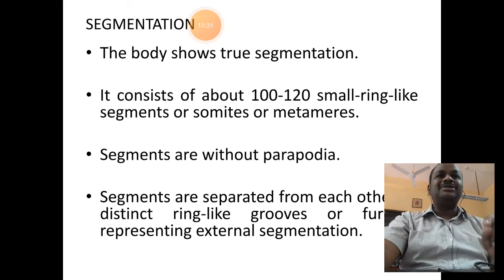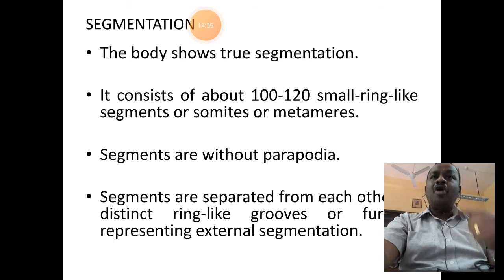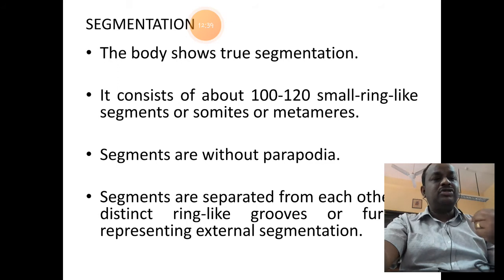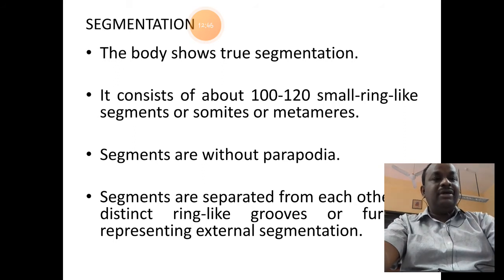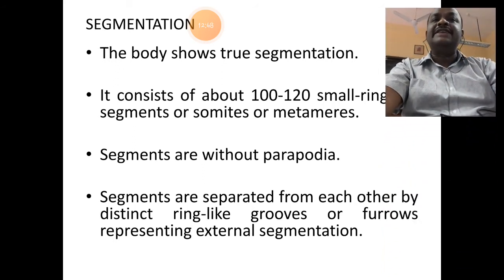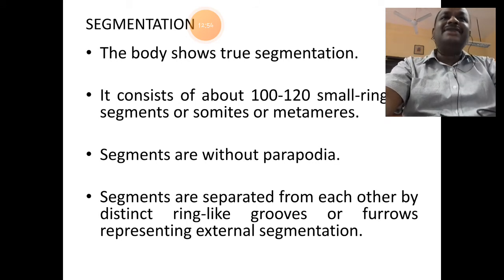Each segment has innumerable rod-like structures called setae for the process of locomotion. So, there are special locomotory organs present in the body of the earthworm called setae. Now, these segments are separated from each other.